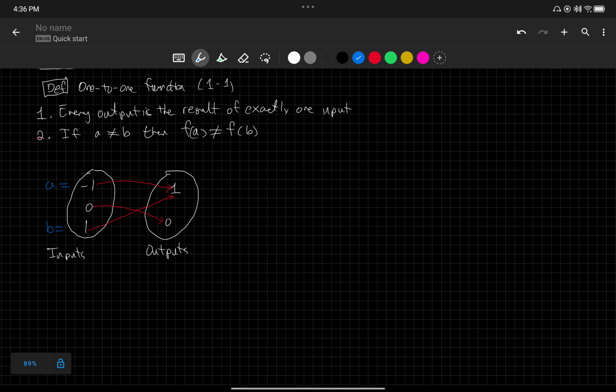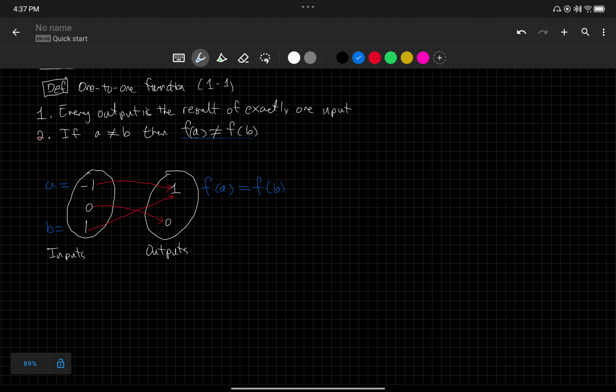Obviously A is different than B, so they should have different outputs. So f of A should be different than f of B, but obviously they're not, they're the same. So that's one way we can think of the definition of a one-to-one function.